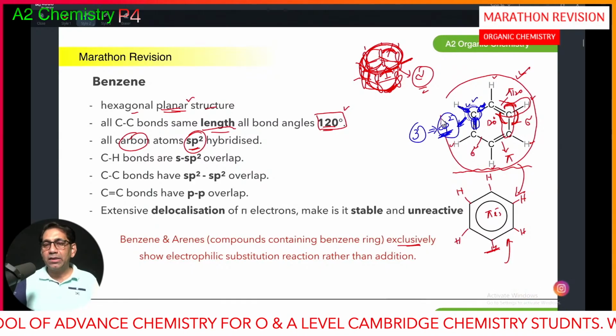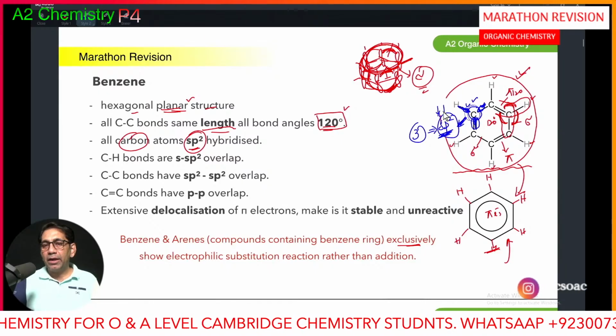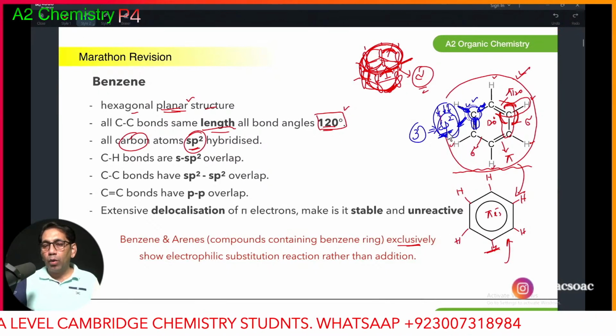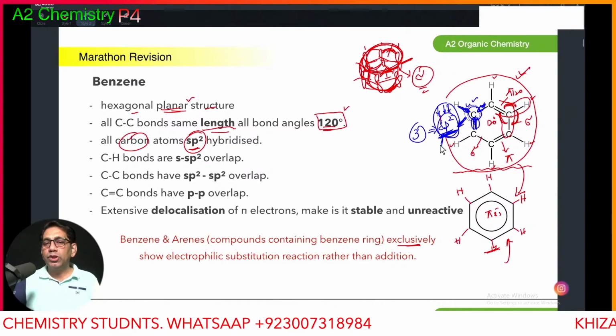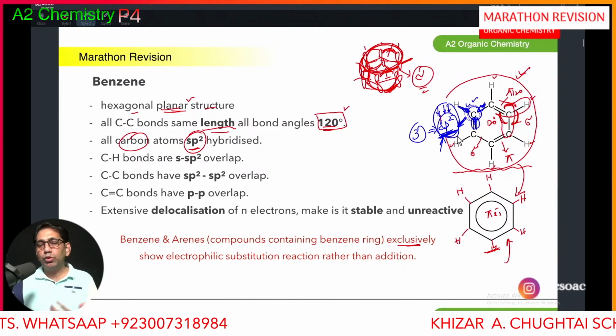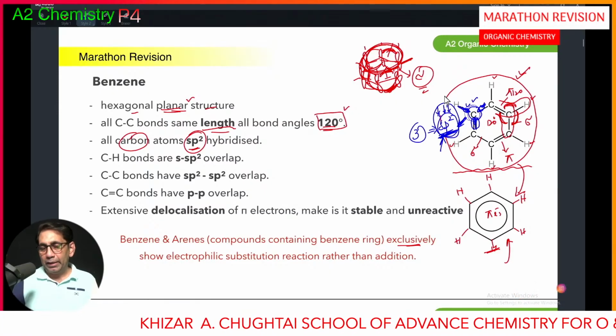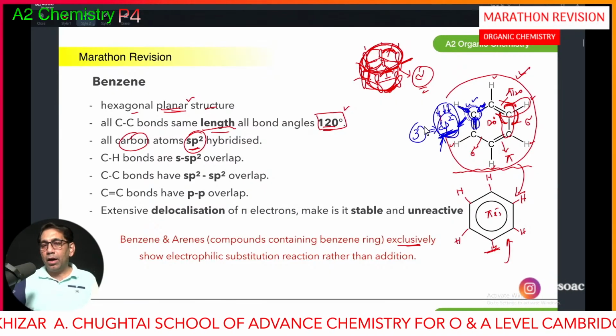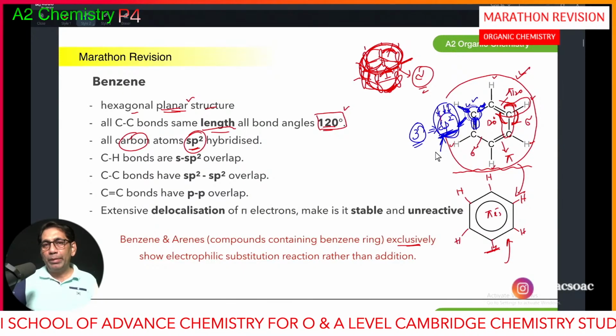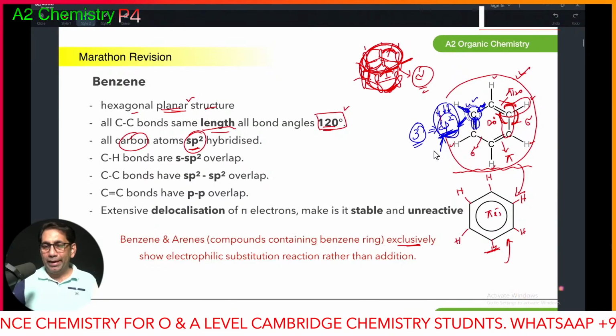Carbon has mixed one s and two p orbitals of its outer shell to reform and make new sp2 hybrid orbitals. All three sp2 hybrid orbitals have the same energy and same shape.